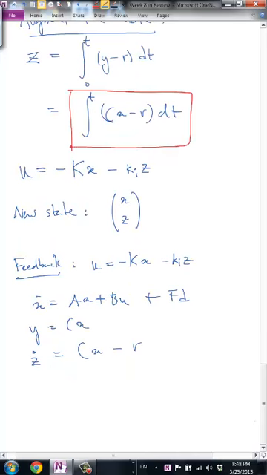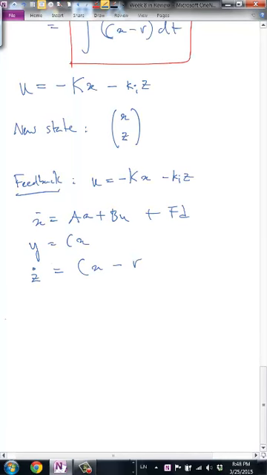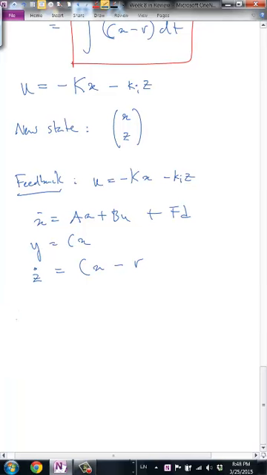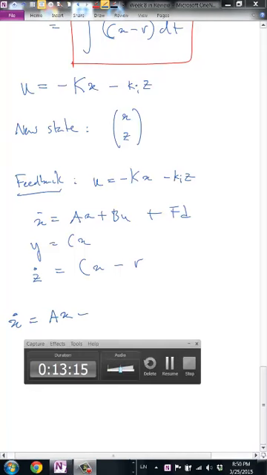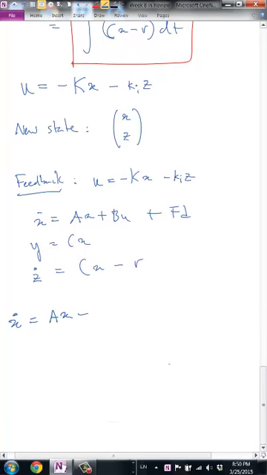So we can write the dynamics as follows. X dot is equal to Ax plus B, and let's put what u is now.